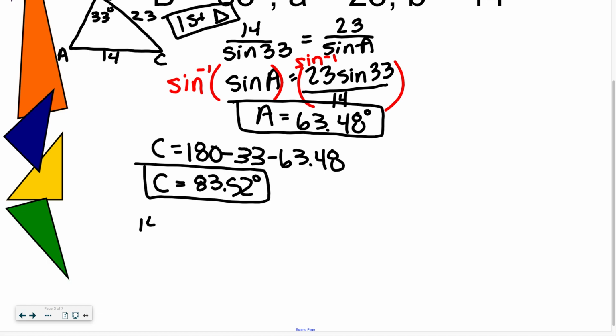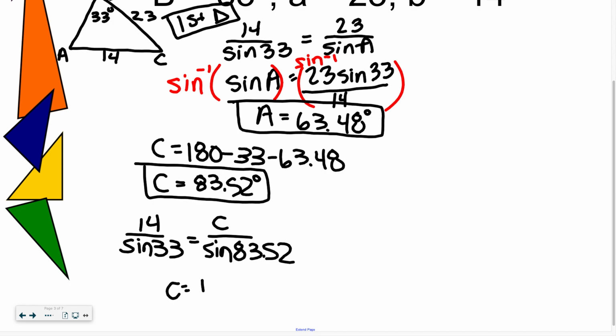So I'm going to set up 14 over sine 33 equals C over sine 83.52. So C equals 14 sine 83.52 divided by the sine of 33.